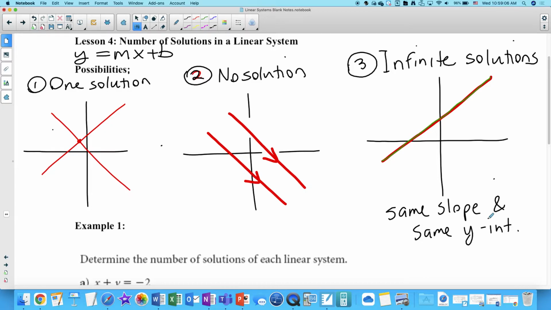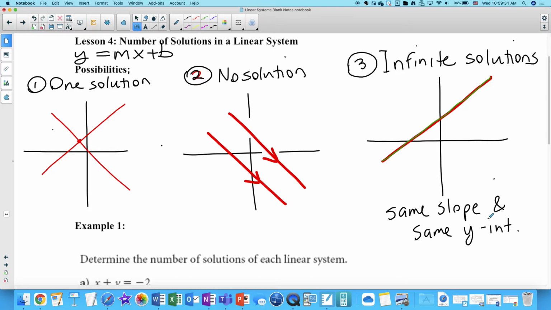And these are called overlapping lines, or sometimes we call them congruent lines. You may have heard that word before when you look at congruent triangles. Congruent means exactly the same. Same size. For congruent triangles, it would be like same size, same shape, right? Okay, so that's the criteria for infinite solutions.